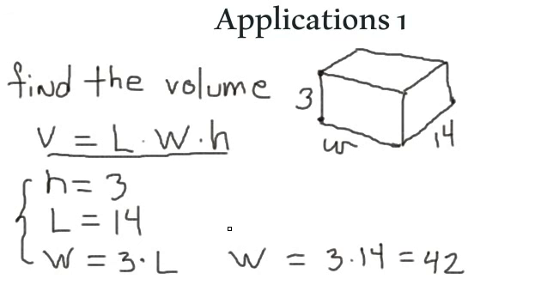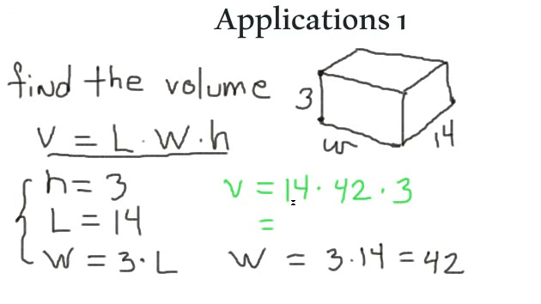Now, all we're going to do is, we've got the height, the length, and now we have the width, and we can simply plug it right into our formula. I'm going to squeeze that in right here, and I'm going to use a different color. So the volume is equal to the length, which is 14, times the width, which we said was 42, times the height, which is 3.